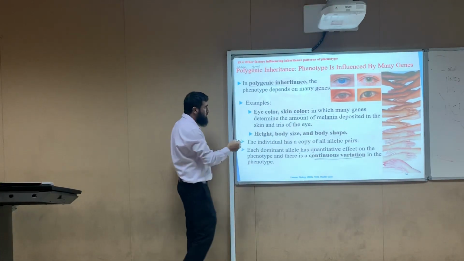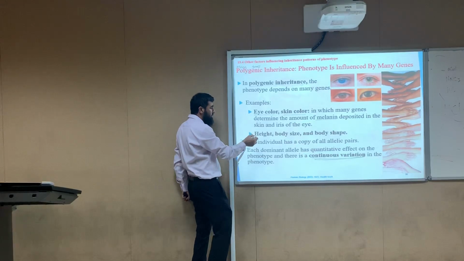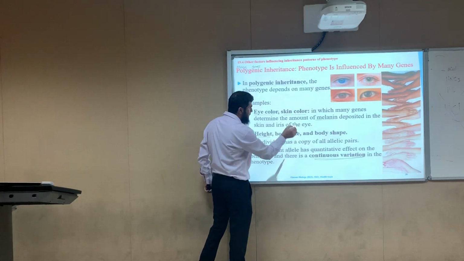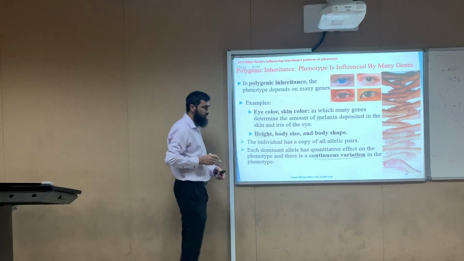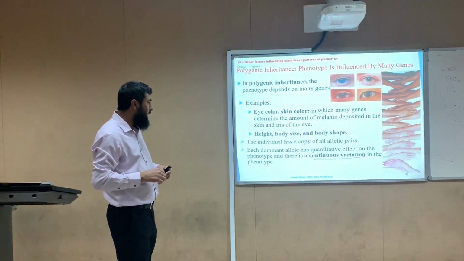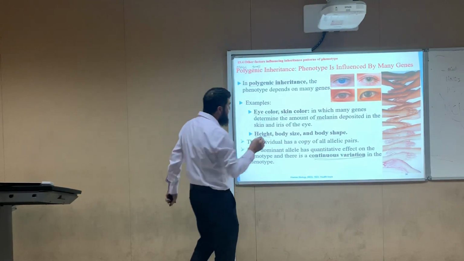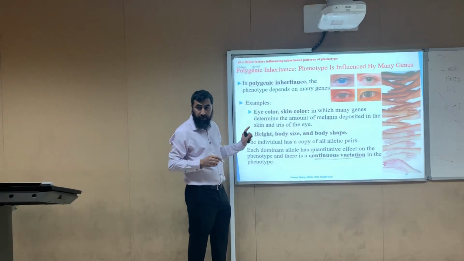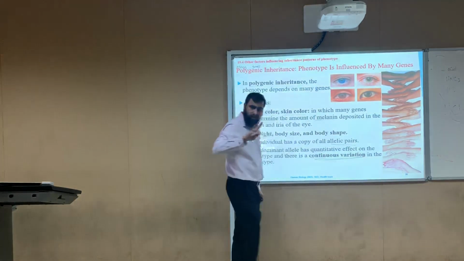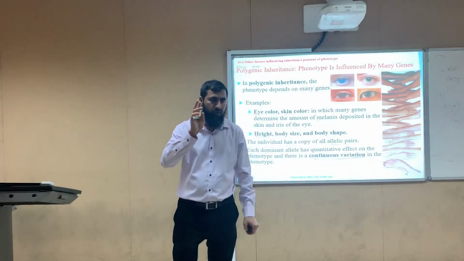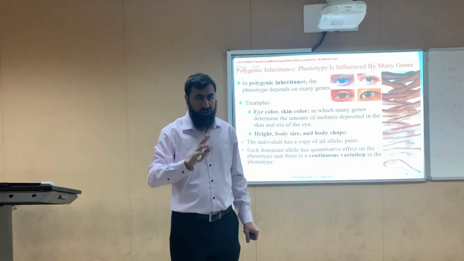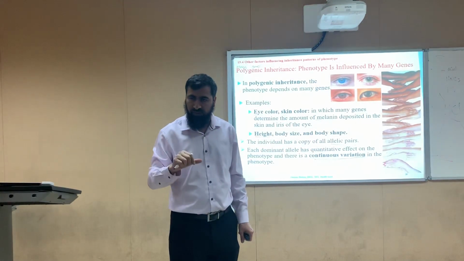Other traits that are controlled like this, such as height, body size and body shape, are also polygenic. For all of the genes involved in polygenic traits, you find an allelic pair. Remember, one allele is on each homologous chromosome, one from the mother and one from the father.